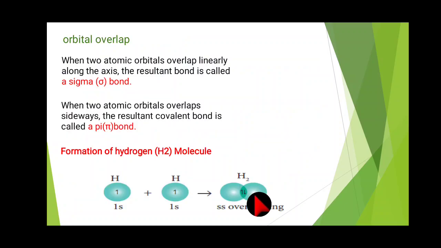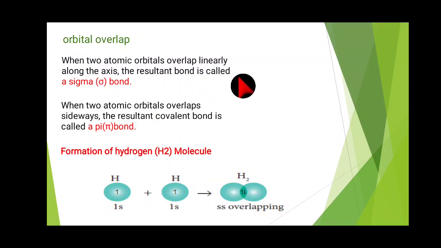So let us discuss orbital overlap. Here we can find the example. Two hydrogens are going to make a bond. It is overlapping, s orbital and s orbital. Here is head-on overlap.